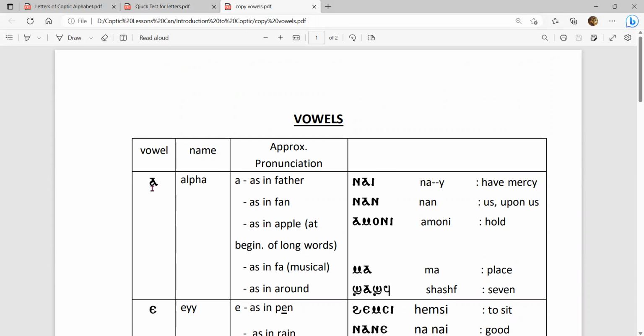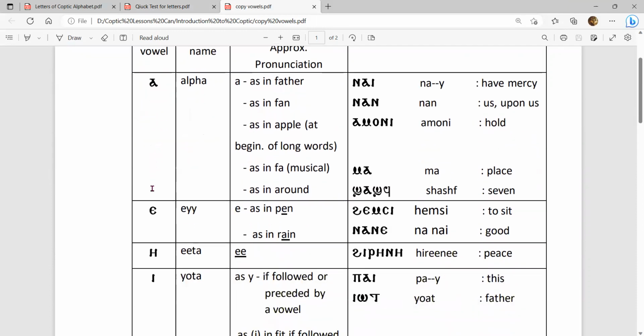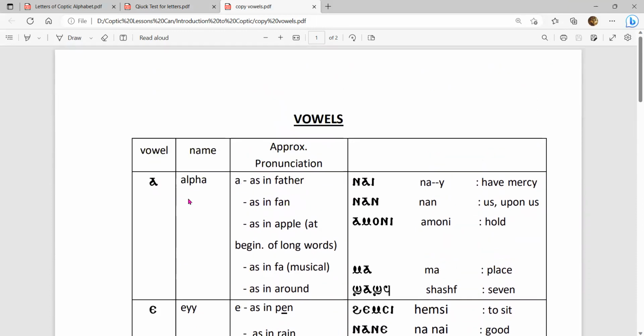In the first column is the letter itself. In the second column is the name. In the third column, I have put approximate pronunciation. It is not absolute, but it is approximate.